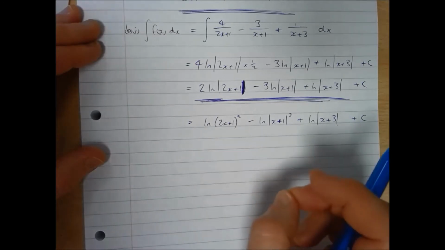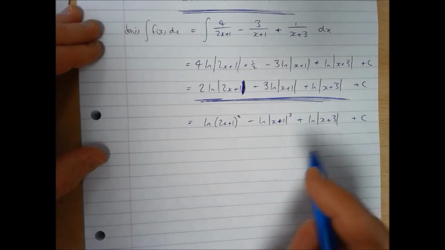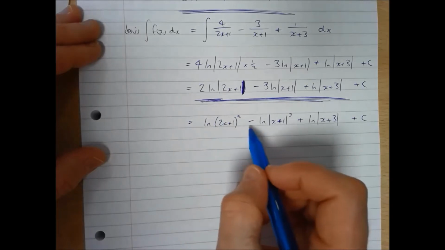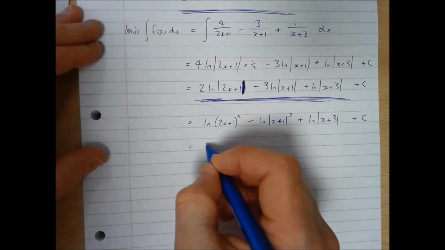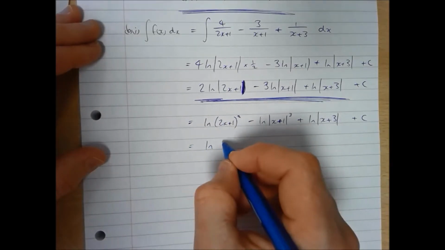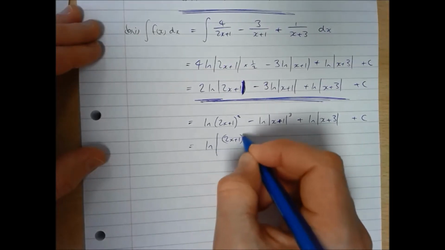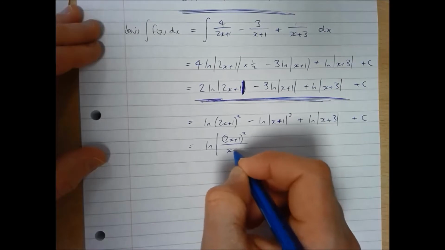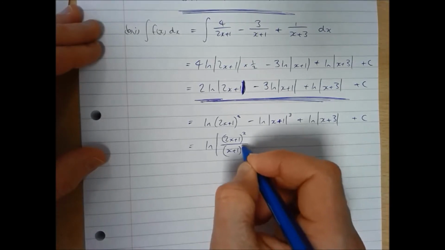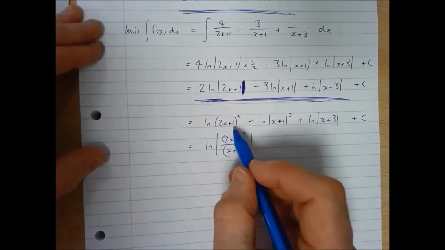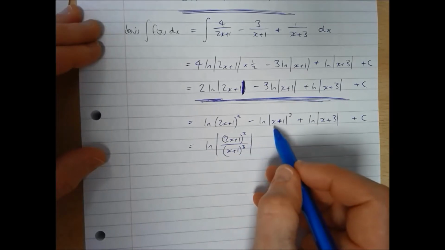Now we are ready to gradually merge the ln functions together. So we've got ln of this minus ln of that. Well, that means that we can merge the two together into ln of 2x plus 1 squared divided by x plus 1 cubed.